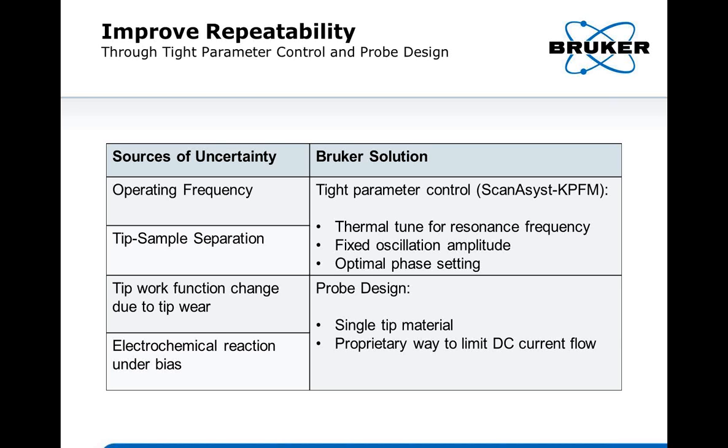If the work function of the tip changes, for example, due to tip wear, now let's say you have a probe that is coated with metal, for example, a silicon tip coated with platinum, right? If the platinum coating is worn away, it exposes the silicon. And we know the work function difference between platinum and silicon is about 1 volt. So that change can give you a big error in measurement.